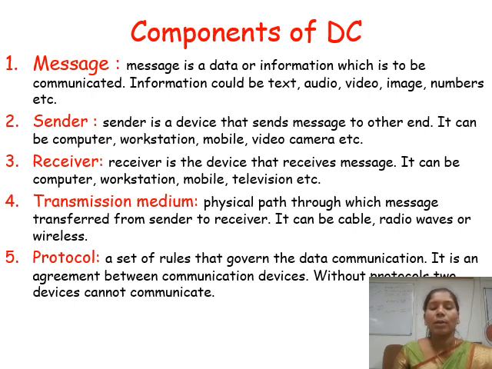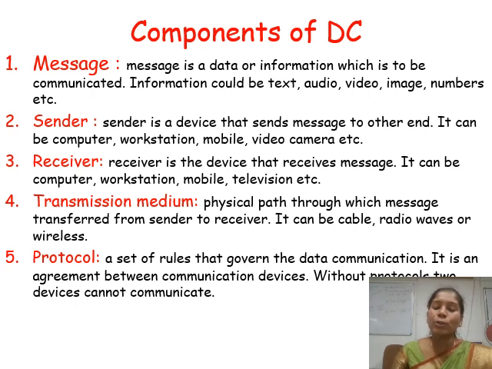Next is protocol. I told you what is protocol. Protocol is nothing but a set of rules and regulations we must follow while sending the data from one computer to another computer device. It is an agreement between the communication devices. Both should mutually understand what data they are sending, what will be the size of the data, at what time they will send the data, why they are sending the data.